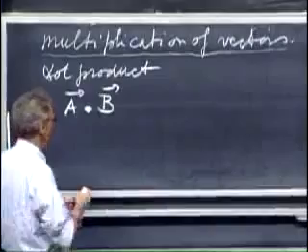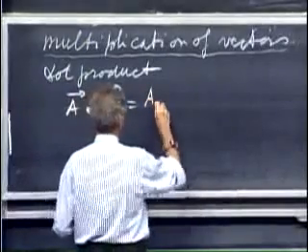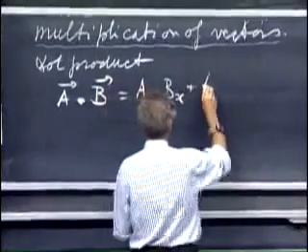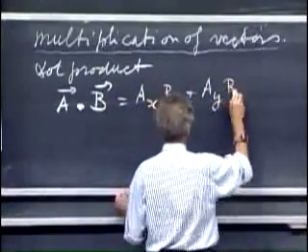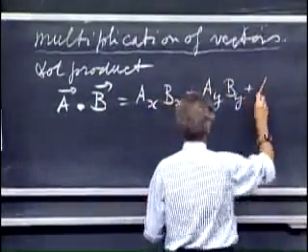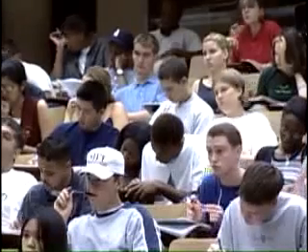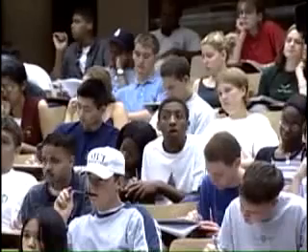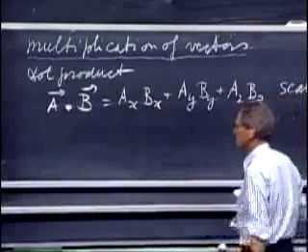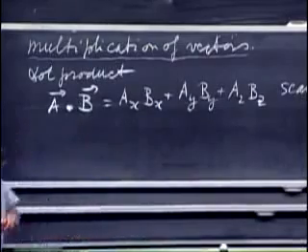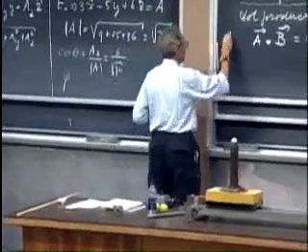It is defined as a scalar: A of x times B of x, just a number, plus A of y times B of y, that's another number, plus A of z times B of z, that's another number. It is a scalar. It has no longer a direction. That is the dot product. So that's method number one. That's completely legitimate, and you can always use that.